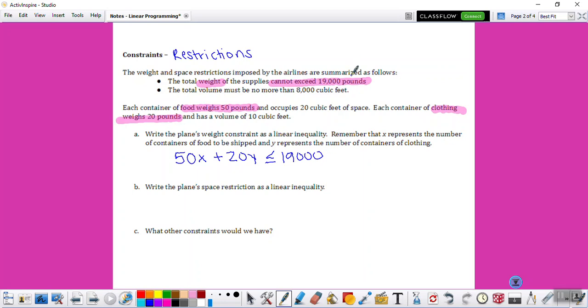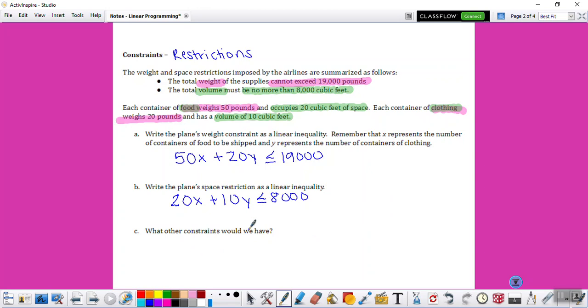Because we can't go over that or the plane won't be able to fly. The volume can be no more than 8,000 cubic feet. The food is 20 cubic feet and the clothing is 10 cubic feet. So 20x plus 10y has to be less than or equal to 8,000.